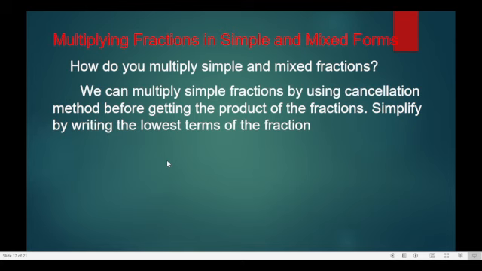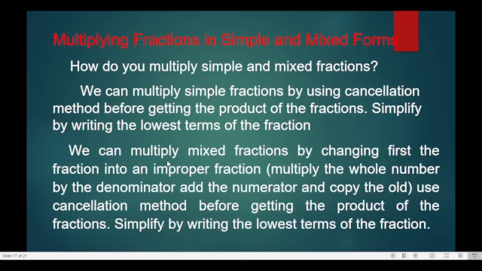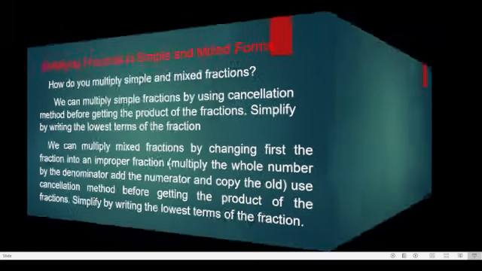Whereas for a mixed fraction, we have to change it first into an improper fraction, and then multiply the numerators and the denominators, using cancellation before getting the product, and then simplify the answer to lowest terms.